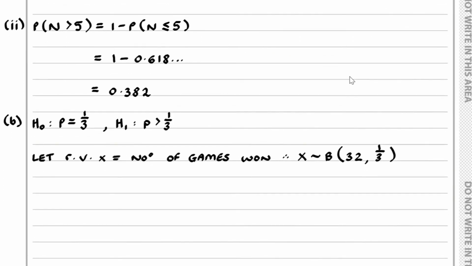So, if I calculate the probability that x is greater or equal to 16, and the reason for this is because the direction of the inequality matches. If I calculate this probability, well, this is the same as 1 minus the probability that x is less than or equal to 15.